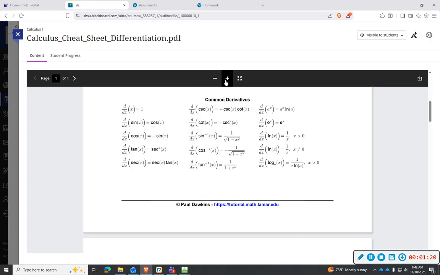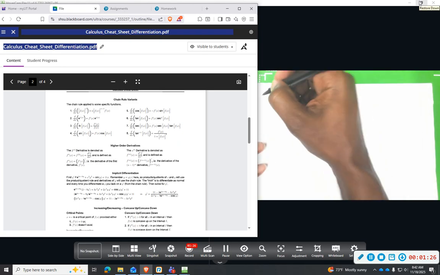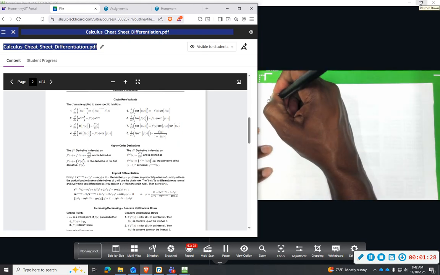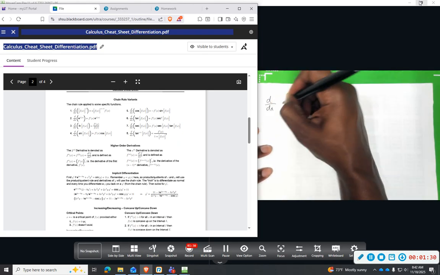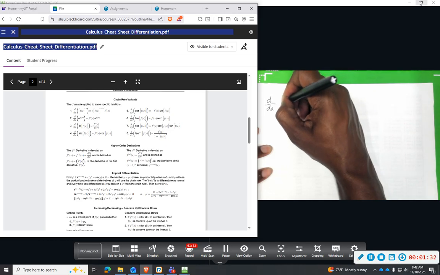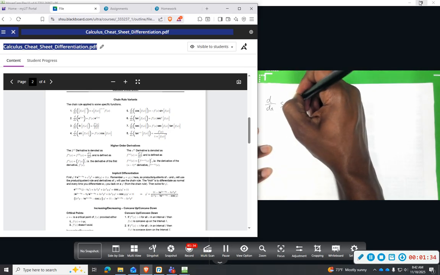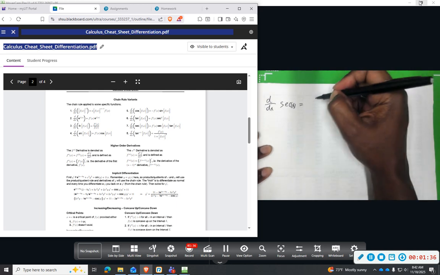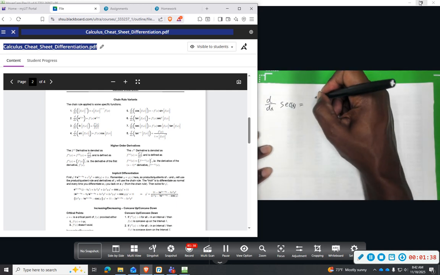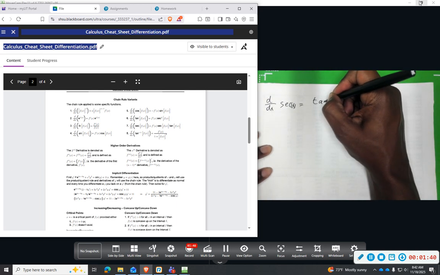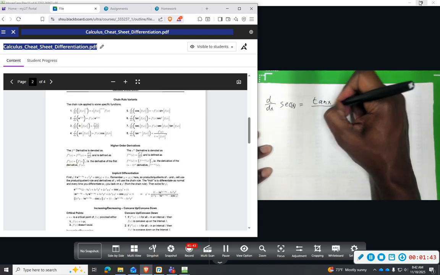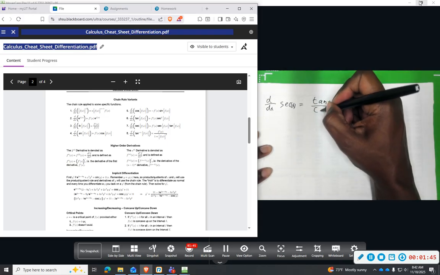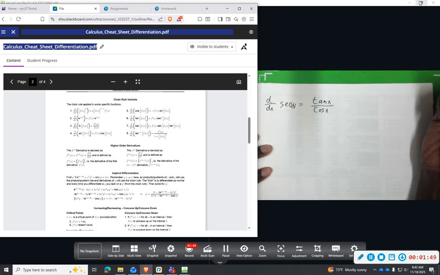So in this case, this one is already kind of set up the way that we want it. But if we did d/dx of secant, one notation shows tan x divided by cosine x.